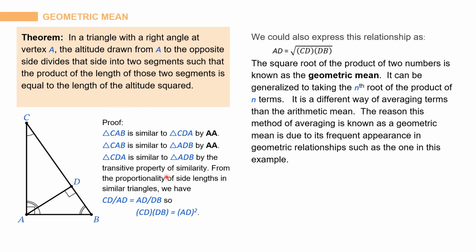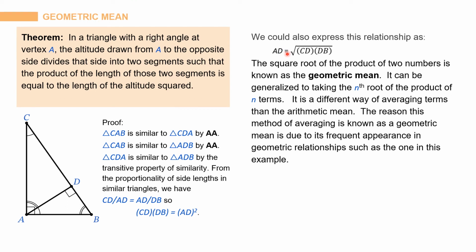From the proportionality of the lengths of sides in similar triangles, we have the relation that the ratio CD to AD has to equal the ratio of AD to DB. So cross multiplying, CD times DB is equal to AD squared. So we've just proven this theorem. We could also express this as AD is equal to the square root of CD times DB.